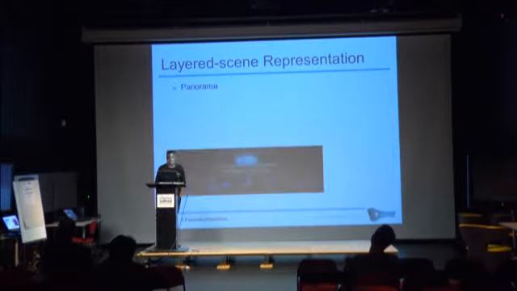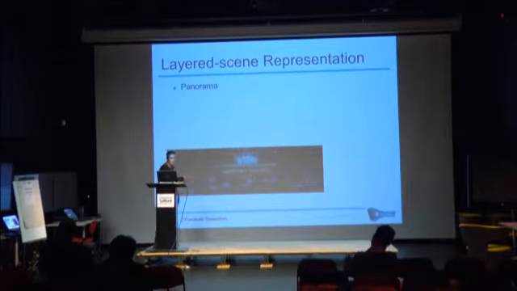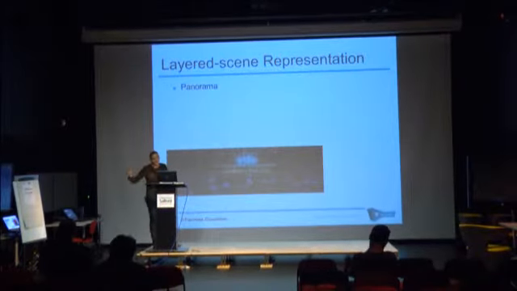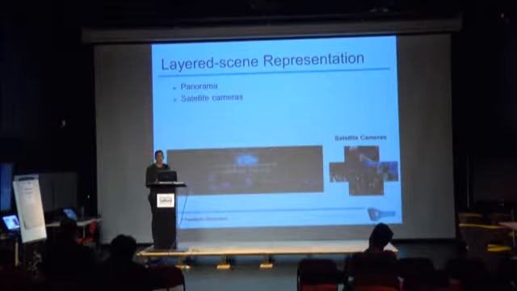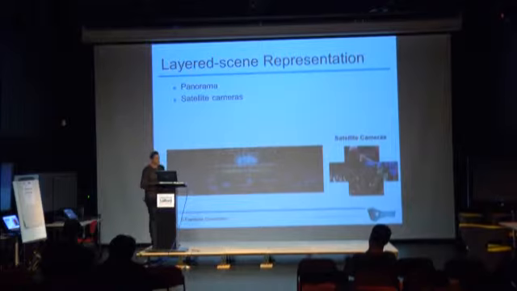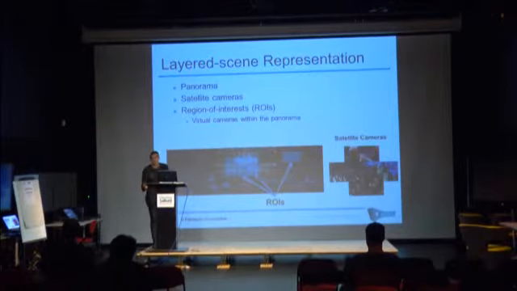So what is this layer scene representation? You have heard it before. Some of my colleagues talked about it, but basically it's composed of a panorama image, so a very high resolution, 180 degrees image of the content. You add some satellite cameras with it, so you know the relationship between the panorama image and the satellite cameras, but also you have what we call regions of interest.